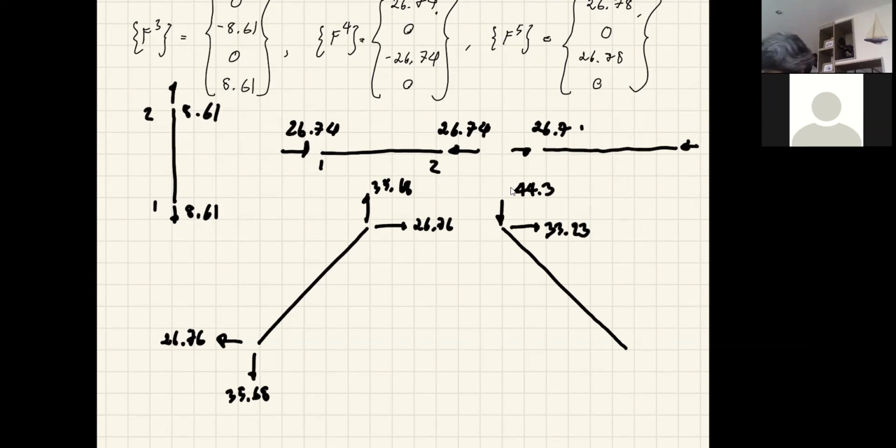And right here 33.23, I keep saying 23, goes up 44.3.